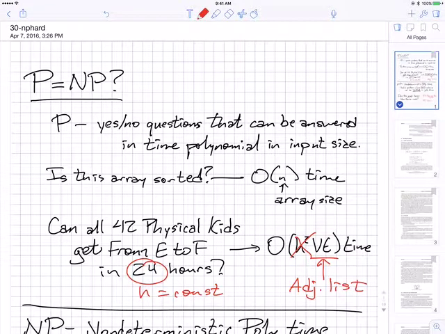So in 2000, the Clay Mathematics Institute put down a list of the 7 most important open problems in mathematics.